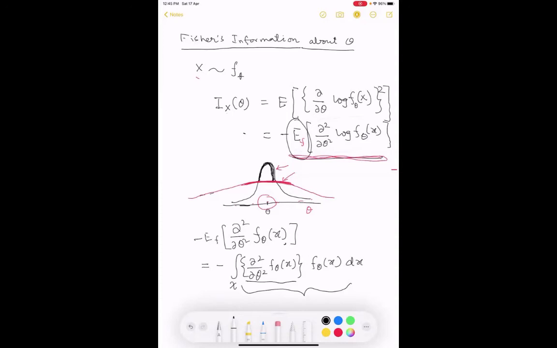We are talking about how you define information, and here Fisher is defining information. So, sir, there is no unit to this information? If we have to compare two different pieces of information, the one which is greater would be better.